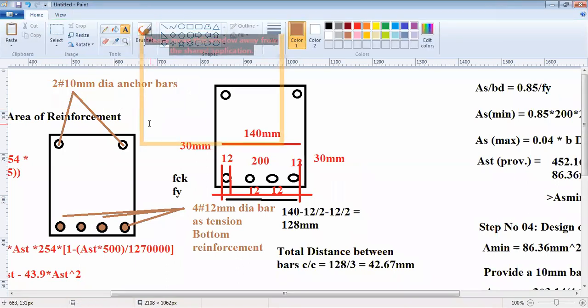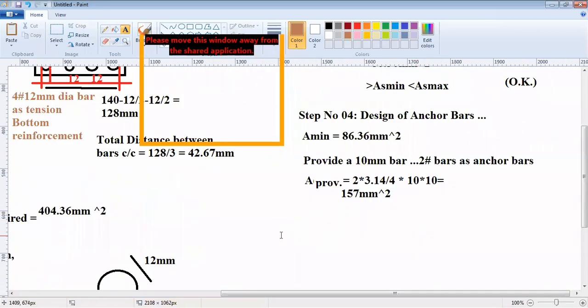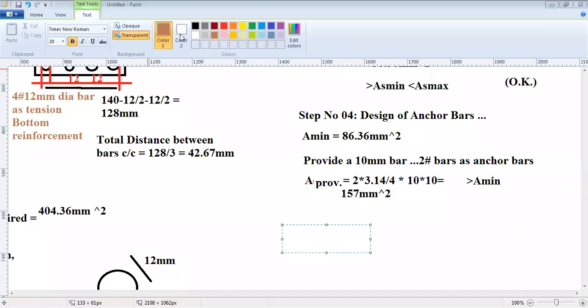We have now designed the anchor bars as well. So the next step, after you have designed this, step number 4, we'll move to step number 5, design of stirrups.